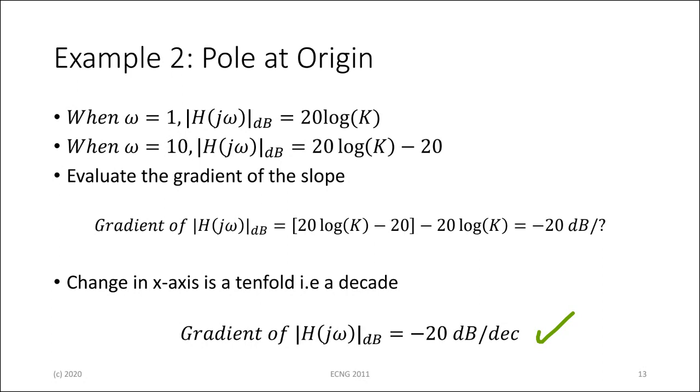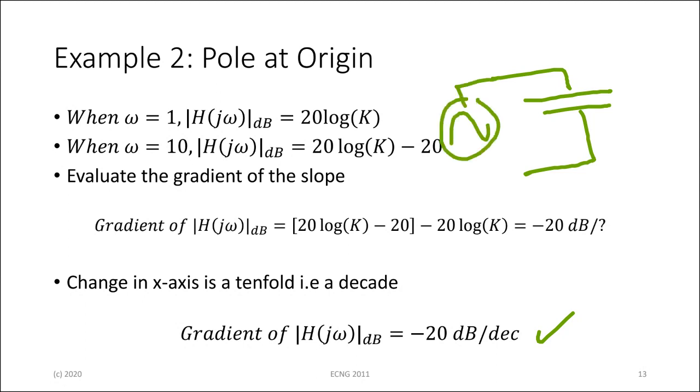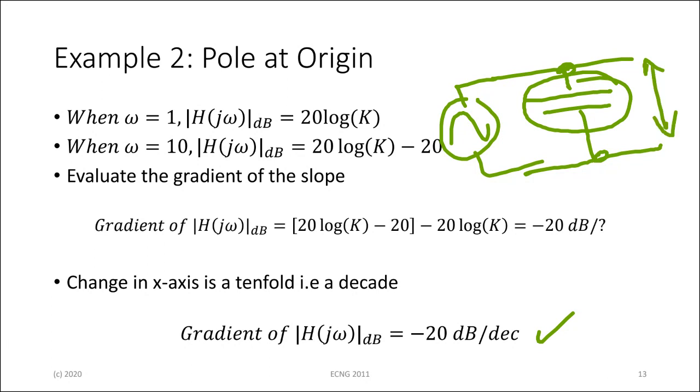A single pole, for instance, is a capacitor. So if I have a capacitor, who has a big capacitor? If I have a capacitor and a signal going through it, and you're looking at the voltage across here, we saw already that at DC, at very low frequencies, the capacitor is largely an open circuit, so the voltage here is going to be whatever the source is.